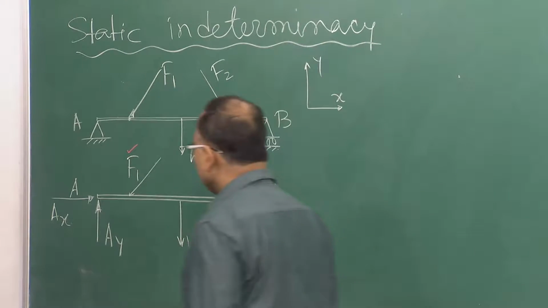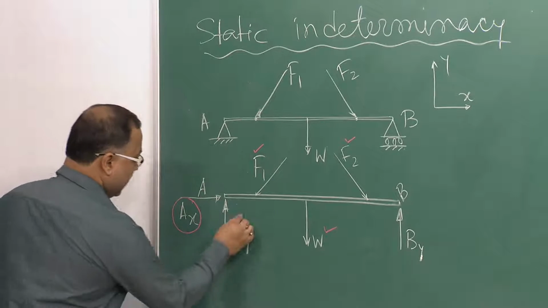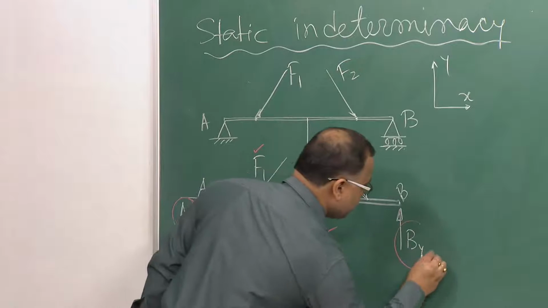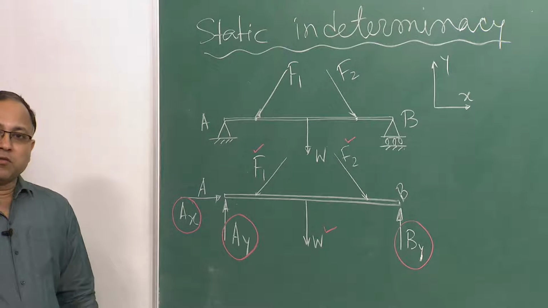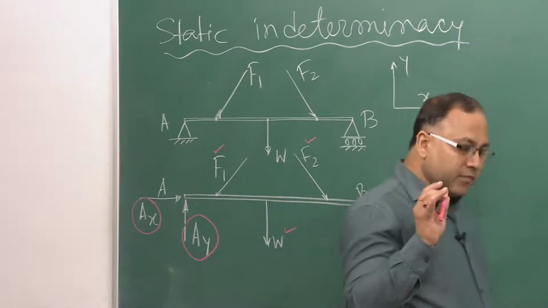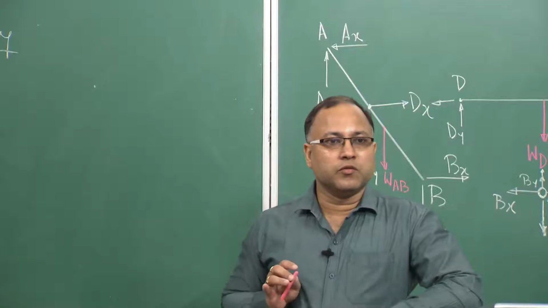Now, what are the unknowns? Ax is unknown, Ay is unknown because they are support reactions, and By is unknown. Rest of the things are known to you, F1, F2, W all are known to you except Ax, Ay and By. These are completely unknown to you.